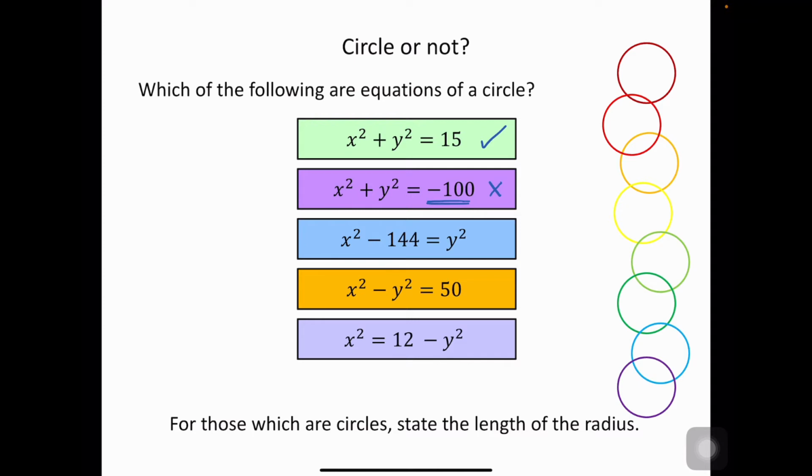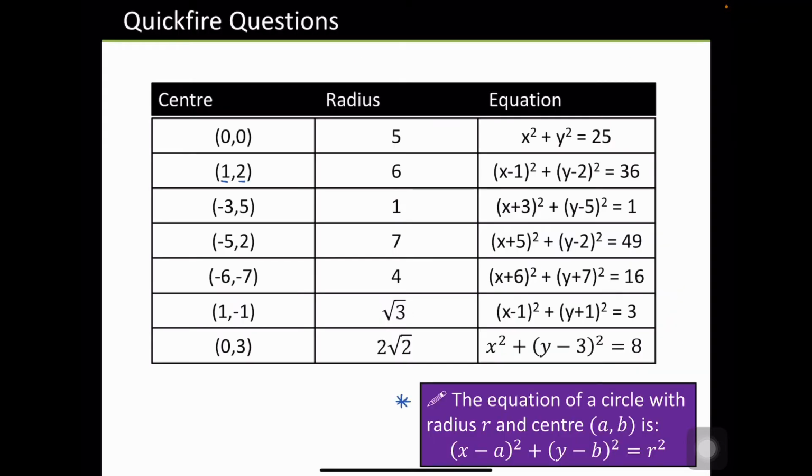It doesn't make sense. Here we'll have to rearrange, and so we'll have x squared take away y squared equals 144. This is not the equation of a circle because let's just look at the general form again.